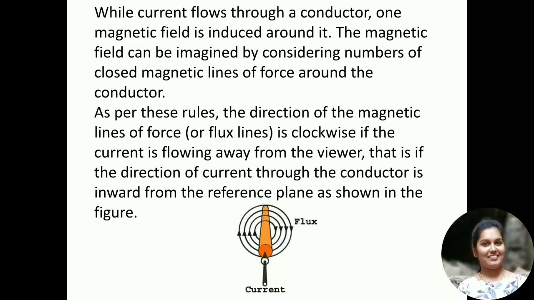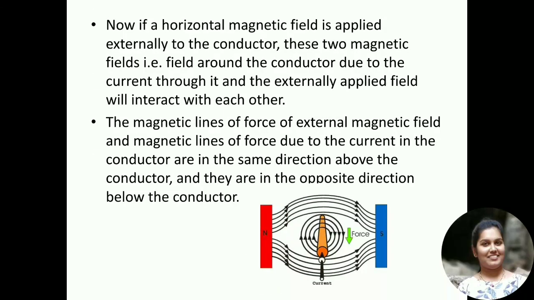The direction of the magnetic lines of force can be determined by another rule called Maxwell's corkscrew rule or right hand grip rule. This is not the point of concern right now, but as per the rules, the direction of magnetic lines of force is clockwise if the current is flowing away from the viewer. This is given in the diagram, you can observe.